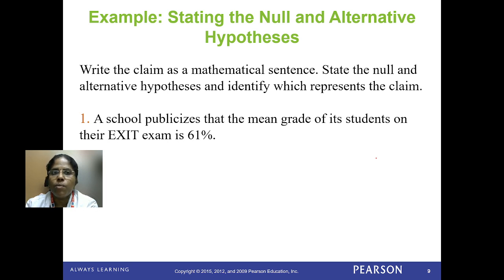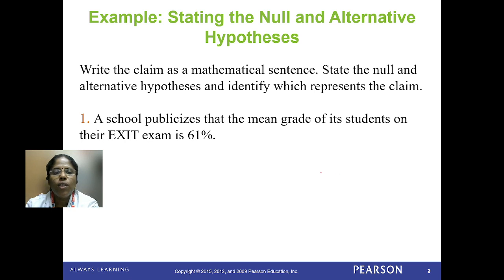Okay, write the claim as a mathematical sentence. So I am going to explain you some examples stating the null and alternate hypothesis. The first example, we write the claim as a mathematical sentence, state the null and alternate hypothesis and identify which represents the claim. The first problem, a school publishes that the mean grade of its students on their exit exam is 61%.